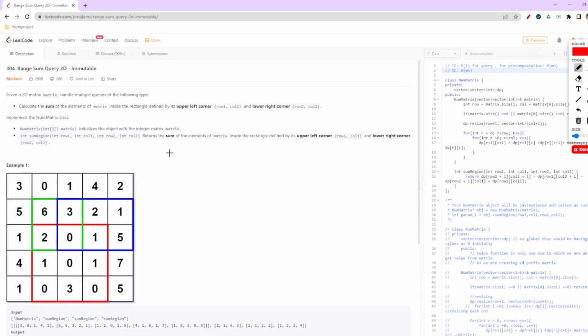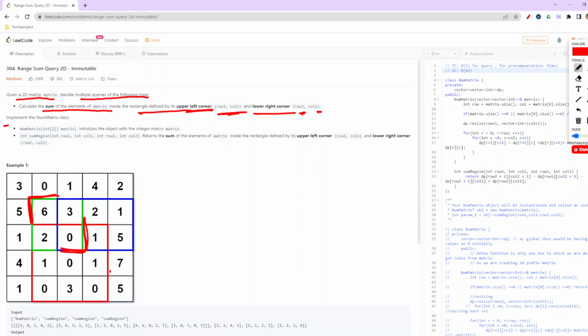Now I have just given you the overview of what this question is like, because we are given a 2D matrix. We are given the 2D matrix and must handle multiple queries of the following type: calculate the sum of elements of the matrix inside the rectangle defined by the upper left corner, that is row 1, column 1, and the lower right corner, given by row 2 and column 2.